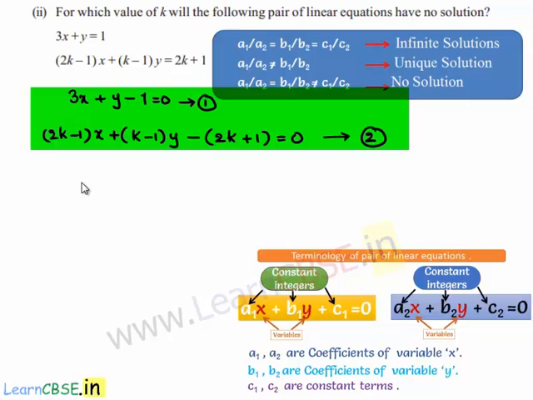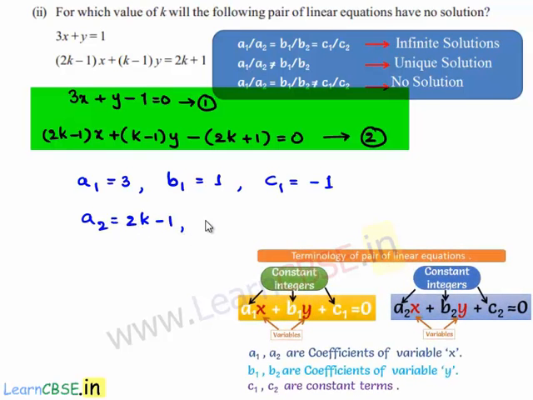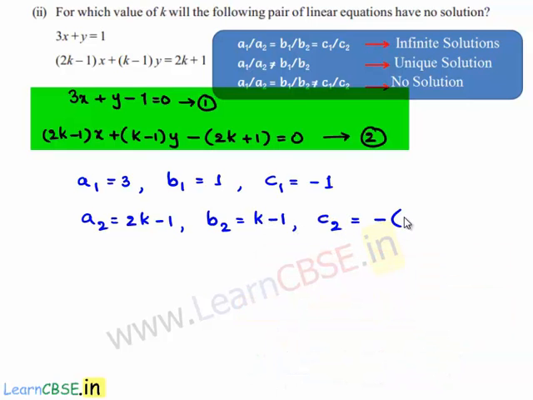So now we can write a1 is equal to 3, b1 is equal to 1 and c1 is equal to minus 1. a2 is equal to 2k minus 1, b2 is equal to k minus 1 and c2 is equal to minus of 2k plus 1. According to the given problem, the given pair of linear equations have no solution.